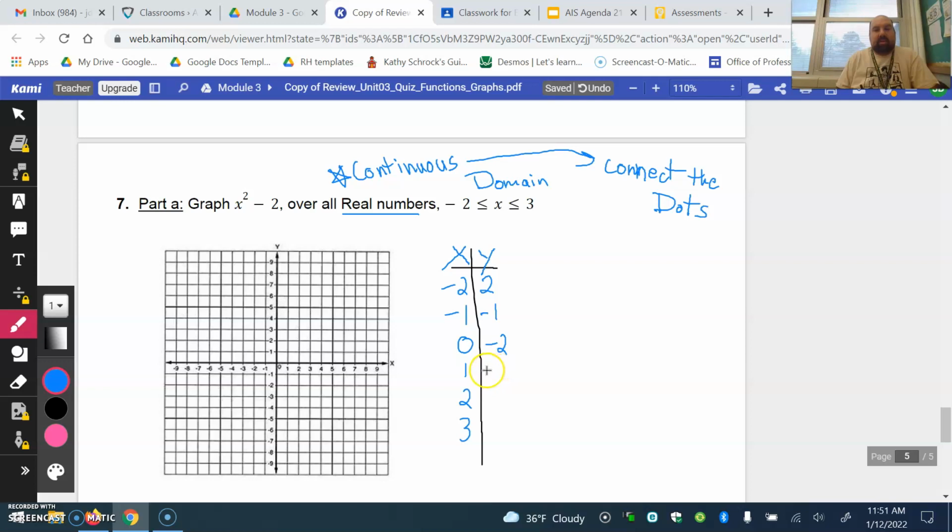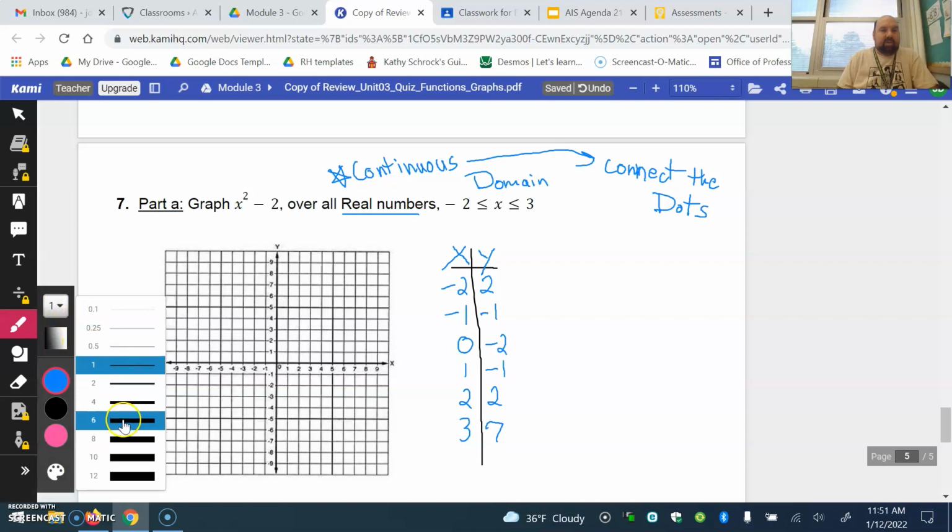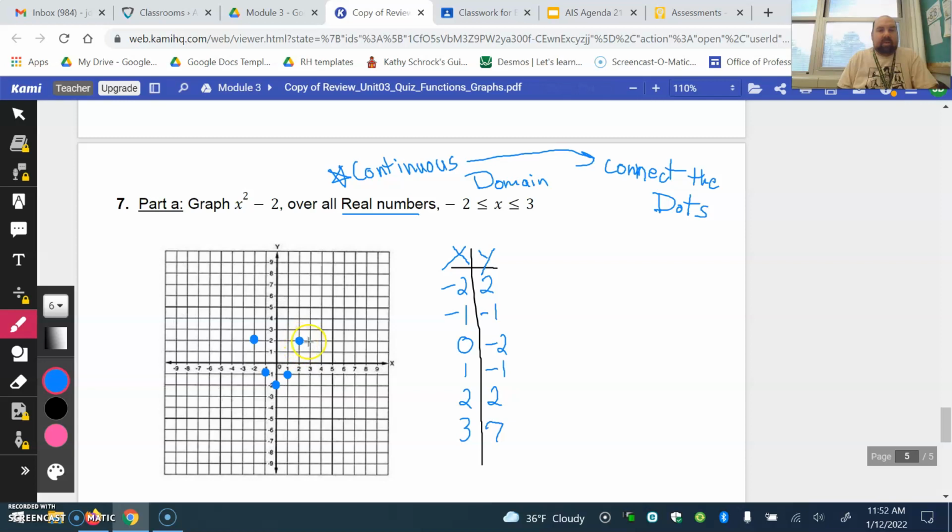This is actually what's called a parabola, so the pattern is recognizable if you know what to look for. I'm going to plot those points. -2, 2, right there. -1, -1, right there. 0, -2, there, and then 3, 7, boom.